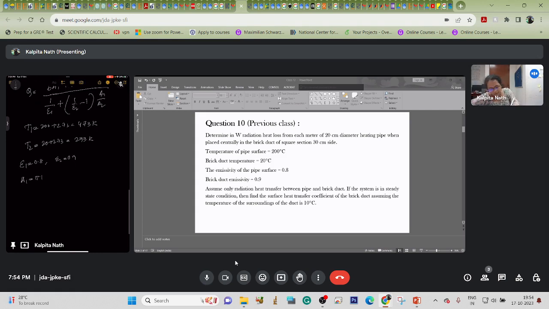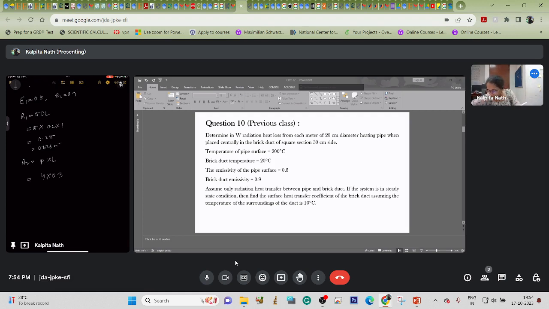A1 is equal to pi dl, and this is the surface area of the 1 meter pipe, equal to pi into 0.2 into 1, which is 0.2 pi, that is 0.626 meter square. And A2 is equal to perimeter into length.